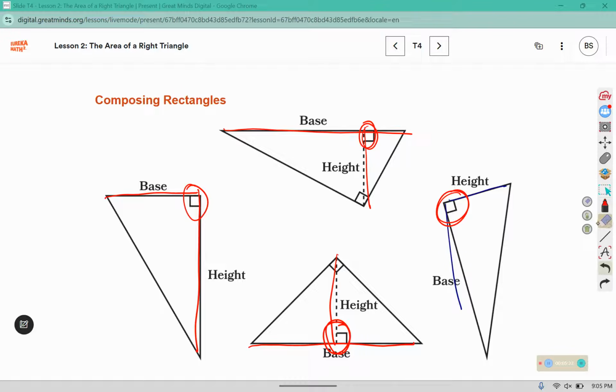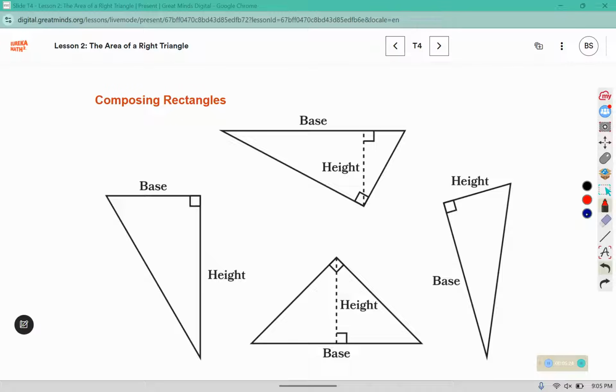You might also notice that the base isn't always the bottom. Typically, we think of base as the bottom of something, but when we're talking about finding areas of these shapes, we're looking for where they form that 90-degree angle for the base and the height. And sometimes they've rotated that shape so the base is no longer on the bottom.